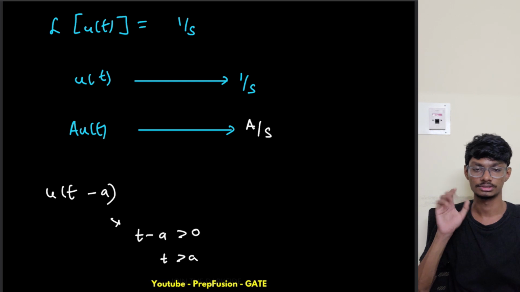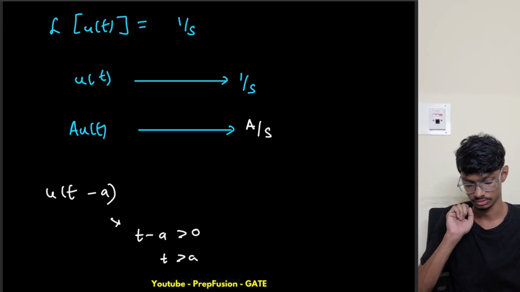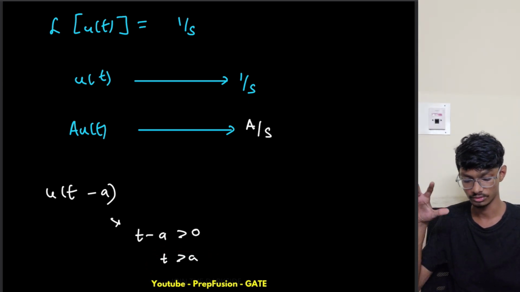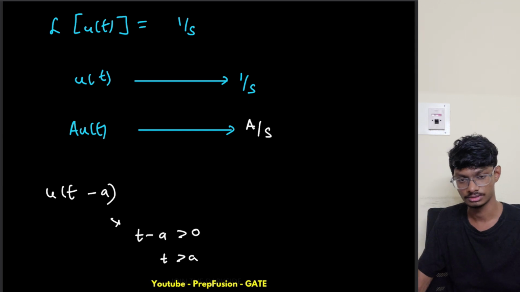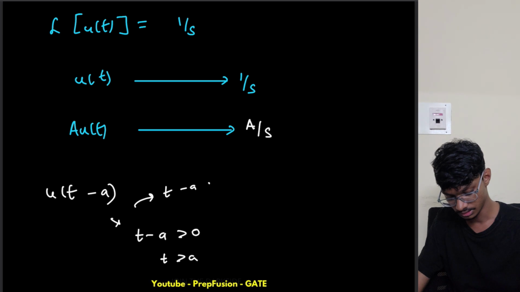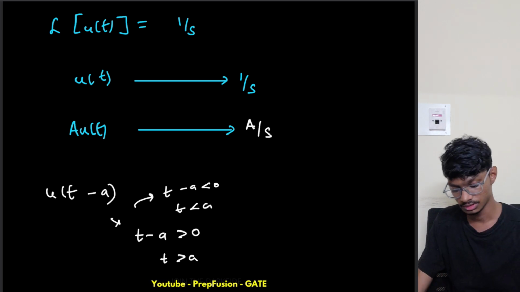Okay, this is a unit step function. This is not a fixed thing where only t greater than 0 gives 1. Okay, this is a function, so u of t minus a will be 1 for t greater than a, and before that it will be 0 only. So when t minus a is less than 0, it will be 0. So for t less than a it will be 0, and for t more than a it will be 1 only.